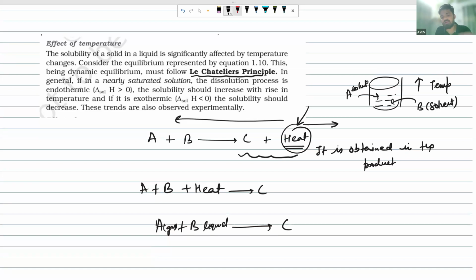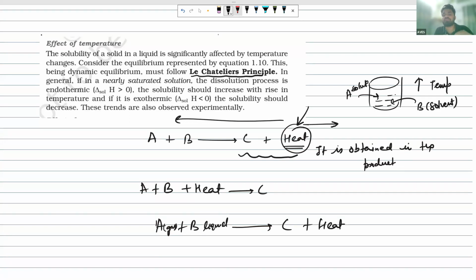When C is formed, the mixture, heat is released. According to Le Chatelier's principle, if heat is released, this reaction will be more favorable when the heat is removed, meaning on decreasing the temperature, this reaction will proceed.